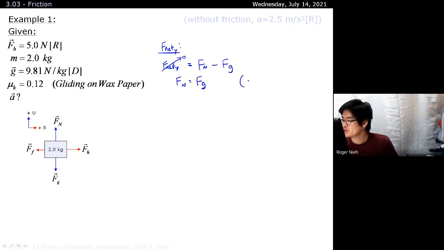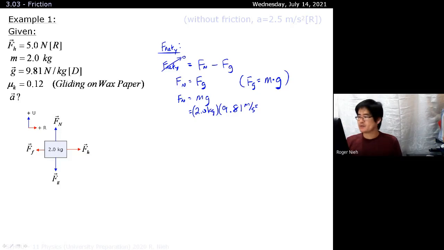And if you recall from yesterday, Fg is equal to mass times the gravitational field strength here on Earth. In other words, Fn is equal to mg. This has a mass of 2 kilograms. We're going to multiply it by the gravitational field strength here on Earth of 9.81 meters per second squared.